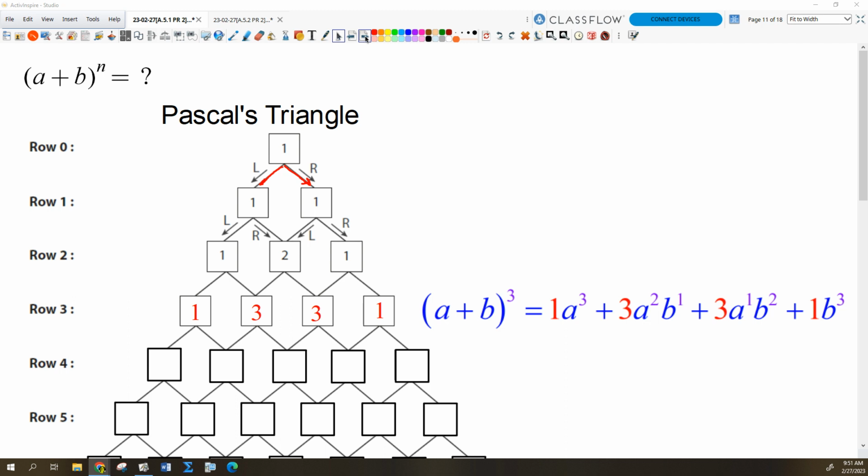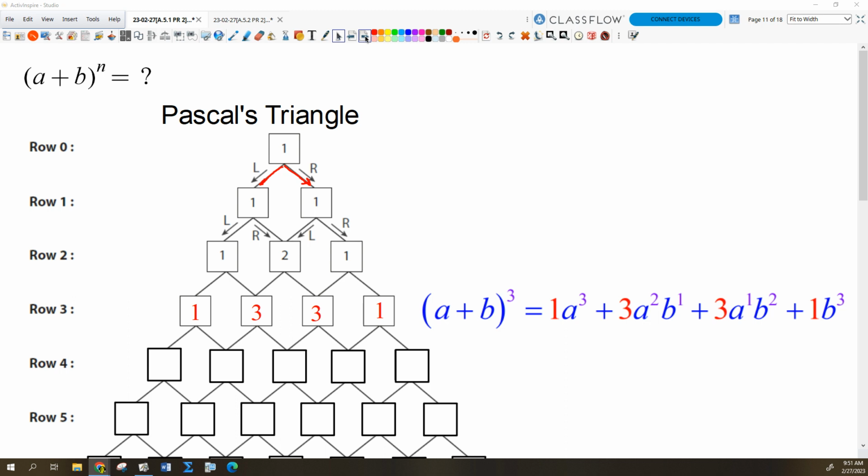Well, here's how we build up the other part of each term. What are they being multiplied by? Again, the row number is 3, so the exponents of the factors in each term always have to add up to 3 because it's row 3. We start off with the entire exponent being shifted over to the factor a.